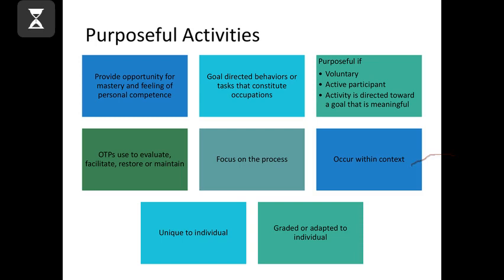For lack of a better way of explaining it, let me just read it from the text so I'm more clear. Purposeful activities occur within the context of personal, cultural, physical, and other environmental conditions and require a variety of client factors. What could some of the client factors be? Neuromusculoskeletal, mental functions, and body systems.